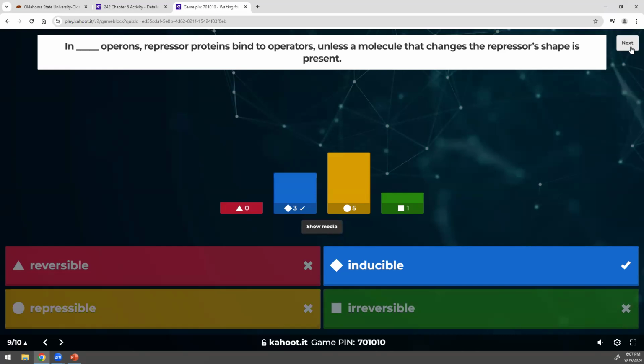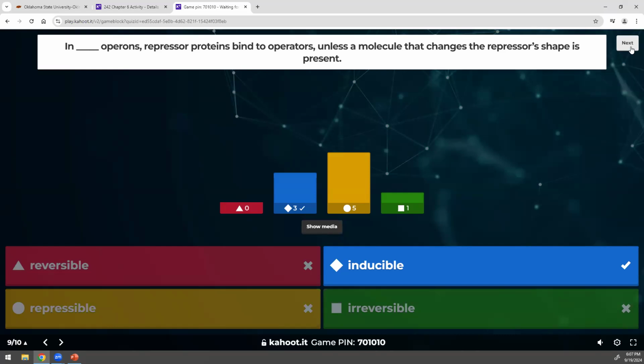And those are the terms for these, no matter what kind of operon we're talking about, right? No matter if it is inducible or repressible, they have these always, okay? It is just based on whether it starts out on and can be turned off, or whether it starts off and can be turned on, okay?